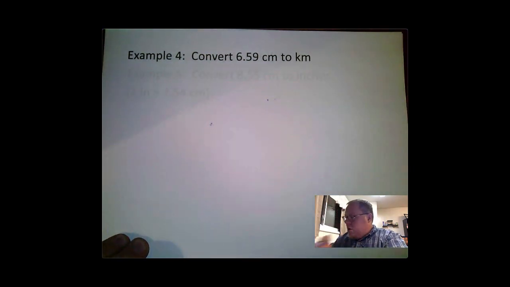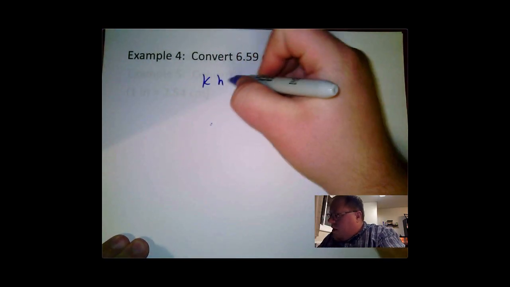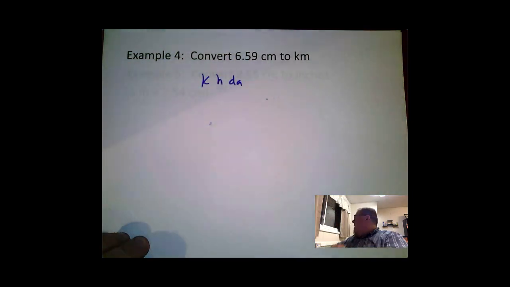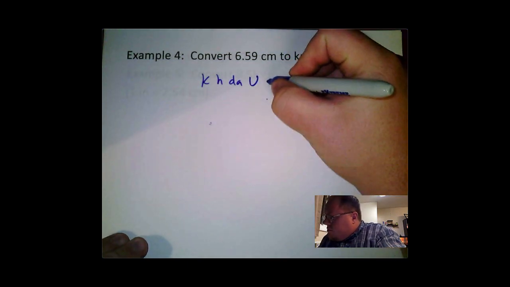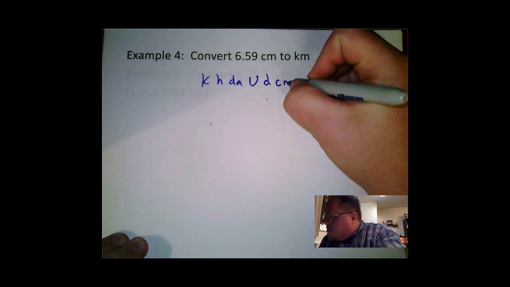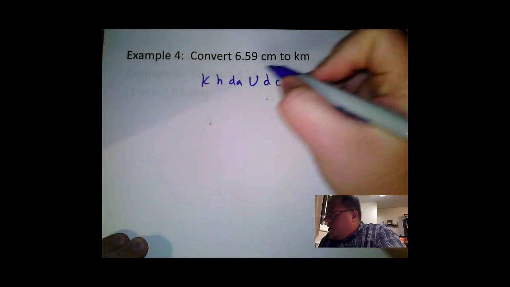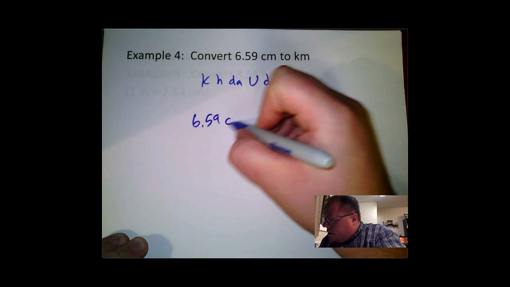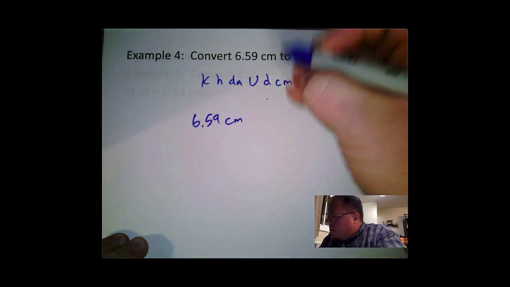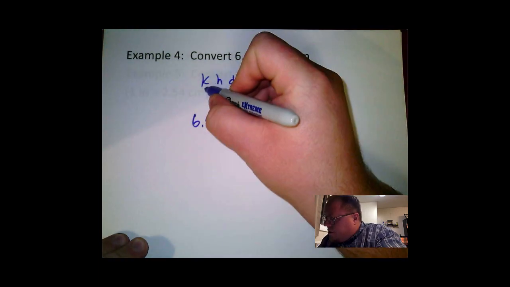All right, so this one's a little longer. Drinking chocolate milk. Okay, so this time I have 6.59 centimeters, and I'm looking for kilometers. So here's the centimeter, here's the kilometer.